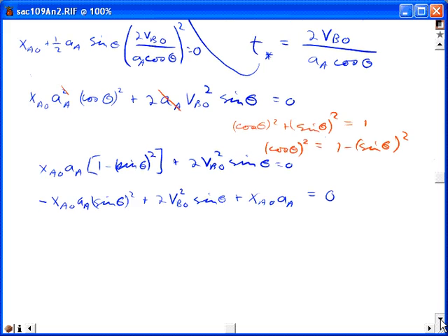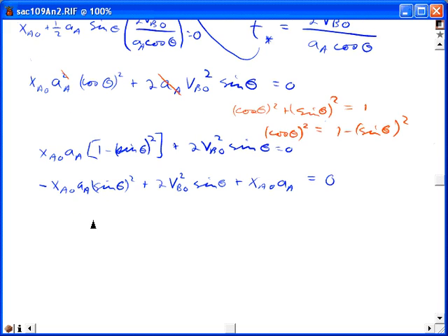So I've got a quadratic equation. I can solve for the sine of theta as if that's my variable. Here it is squared, here it is to the first power.